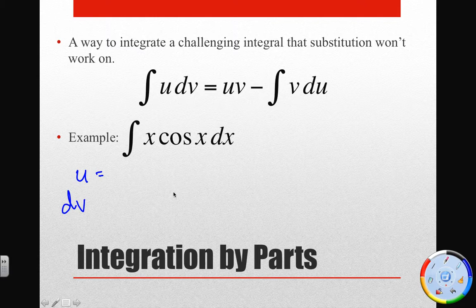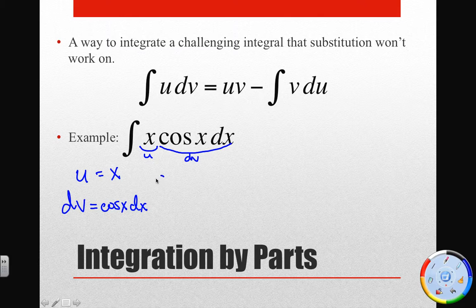We're going to let u be the function x, which means the rest of it is dv. So dv is cosine x dx. Up in the formula, I have a u and a dv, but for the rest of the formula I need a v and a du.